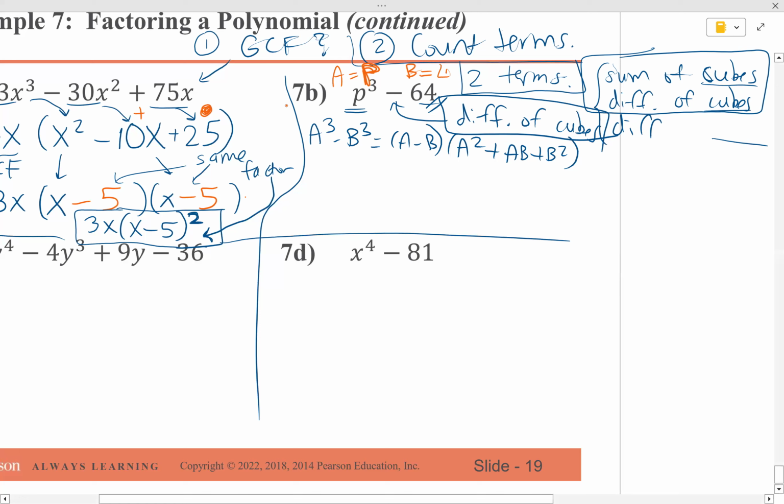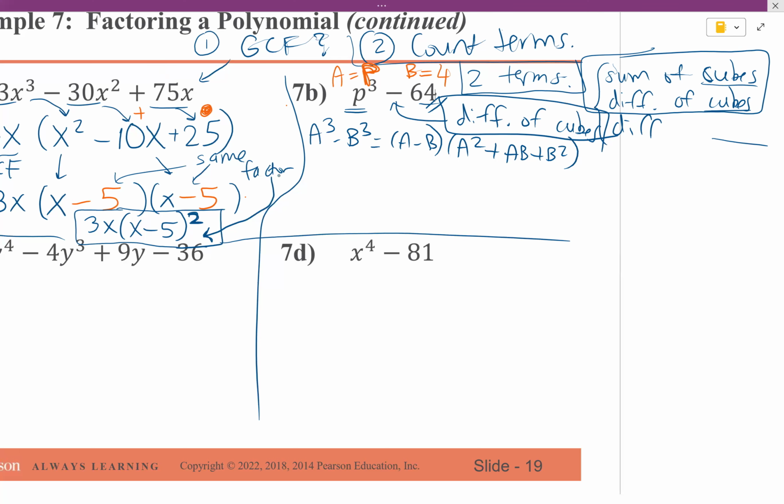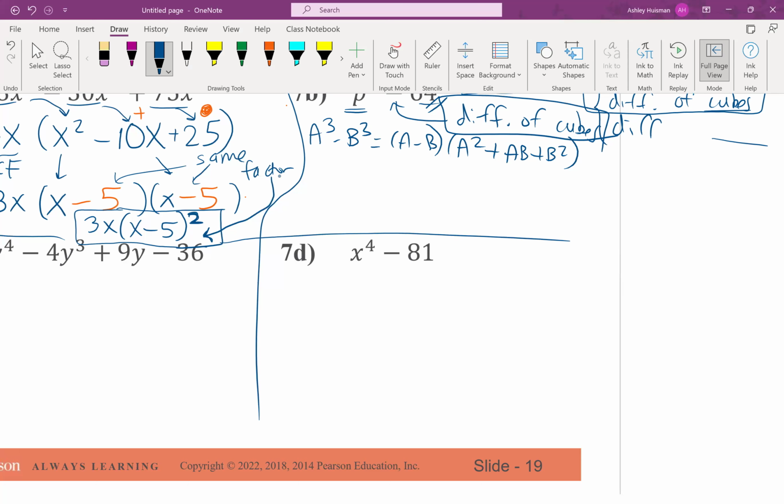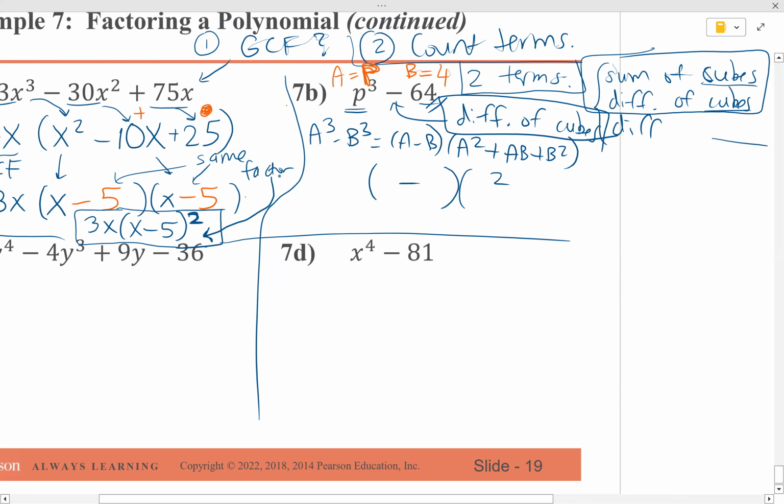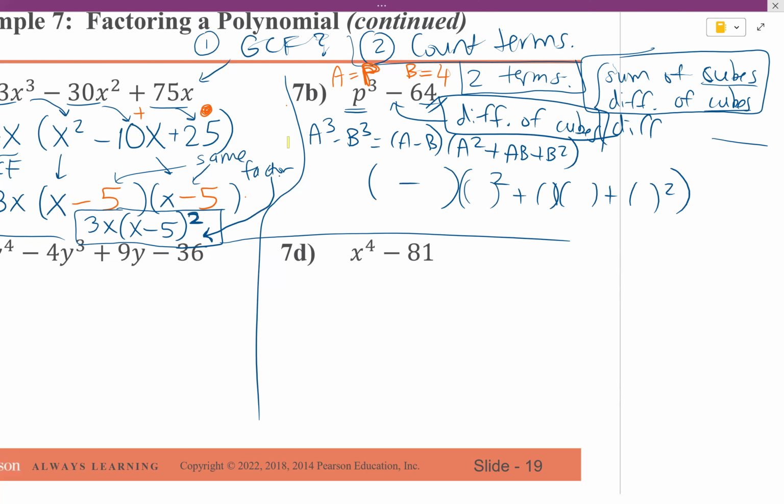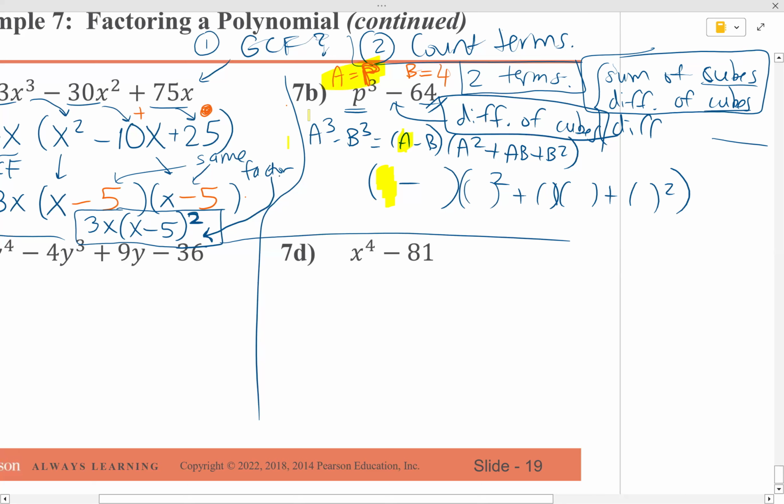And b, be careful, is what you're cubing or raising to the third power to get 64. That's 4. So I just need to rewrite this whole formula with a replaced with lowercase p and b replaced with 4. It looks like this: a minus b times a squared plus ab plus b squared. All right, a was p, so I'm going to put it here. That's where it goes in the formula.